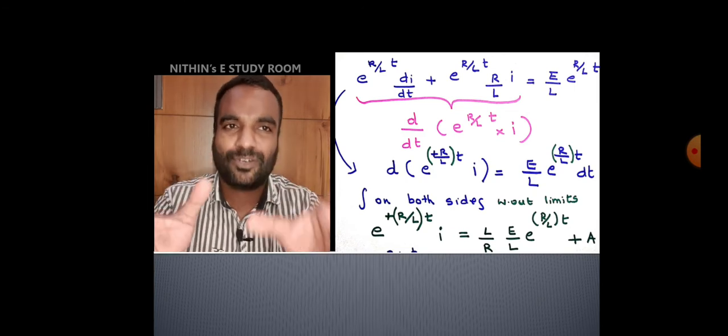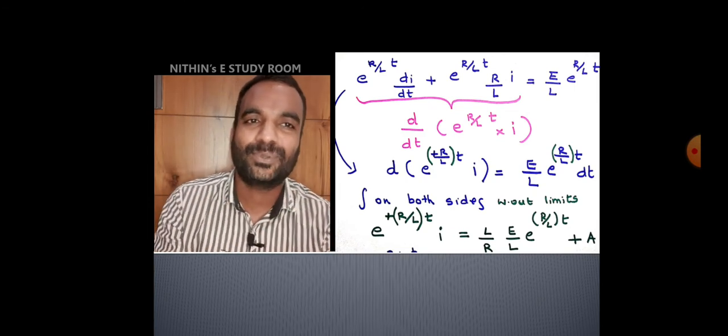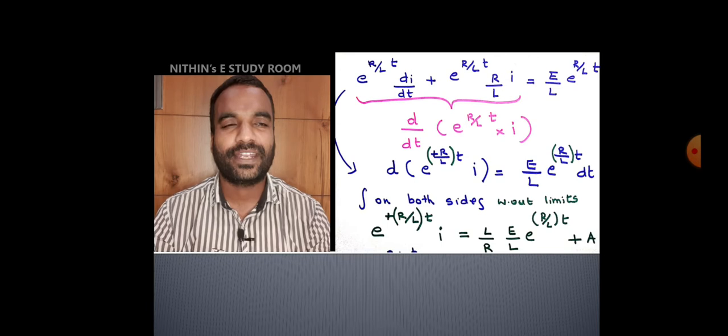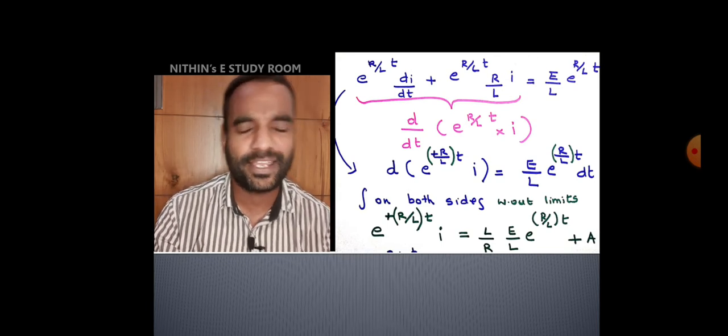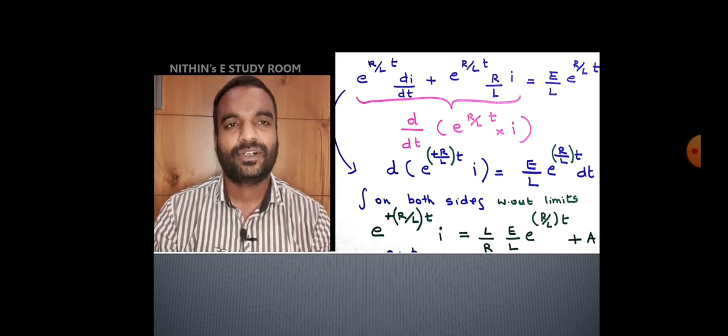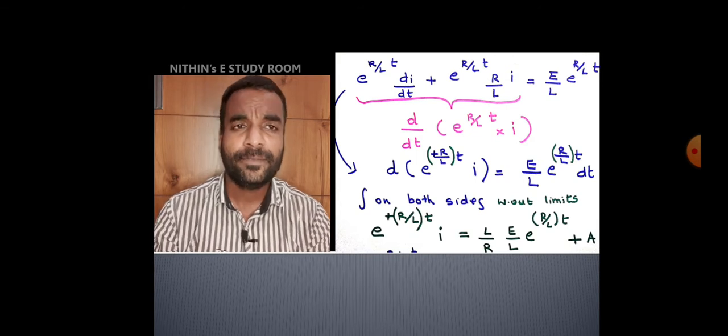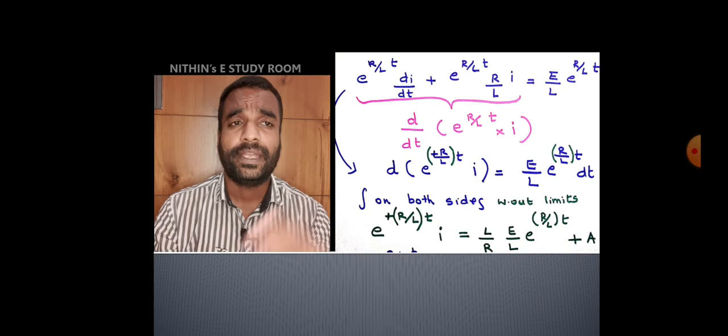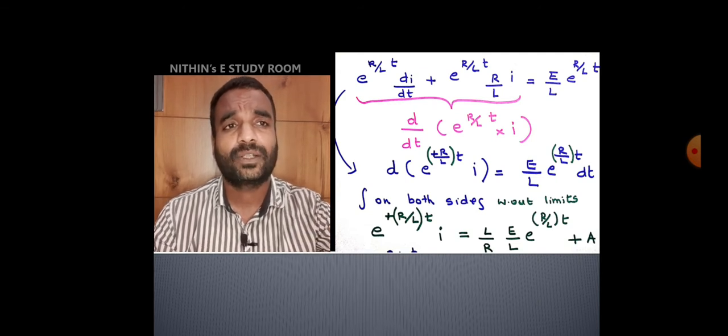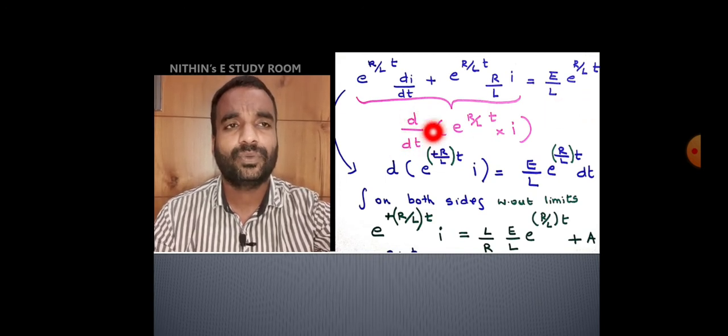So, instead of the left hand side, you can easily substitute d by dt of e raised to R by L t into I. So, our equation will become d by dt of e raised to R by L t into I is equal to E by L e raised to R by L t. And now I am cross multiplying dt to this side.